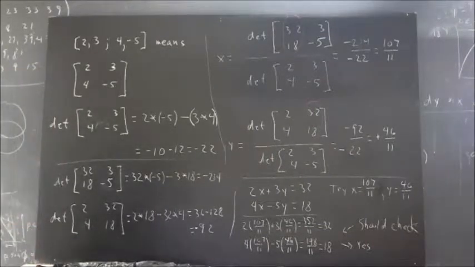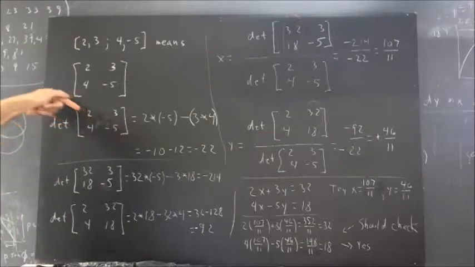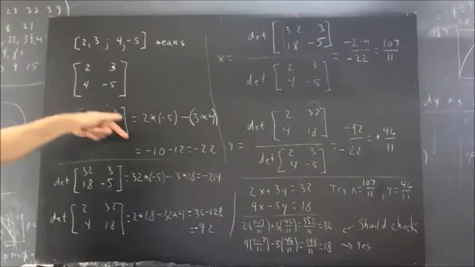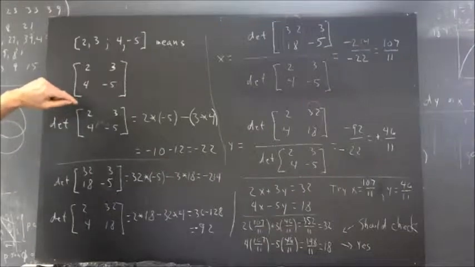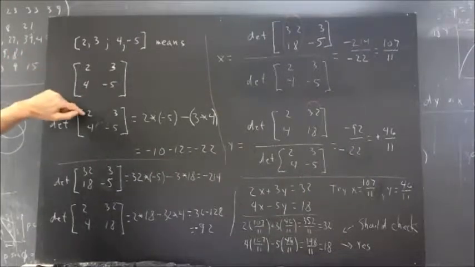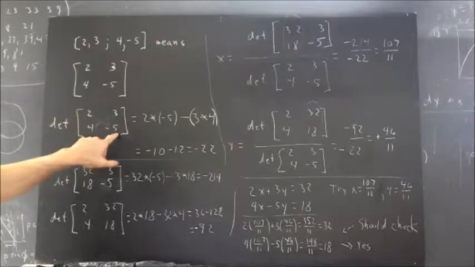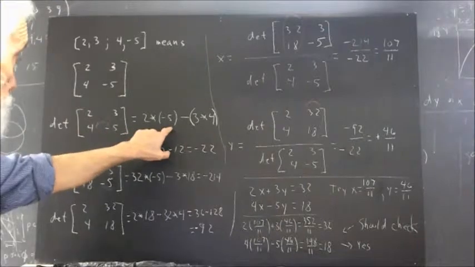The determinant of the matrix is what we get when we multiply the numbers on what we call the main diagonal, the diagonal that runs from left to right and top to bottom, the product of the number in the first row and first column, and the number in the second row, second column. That would be 2 times negative 5.